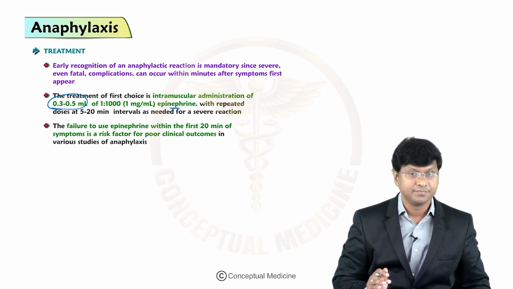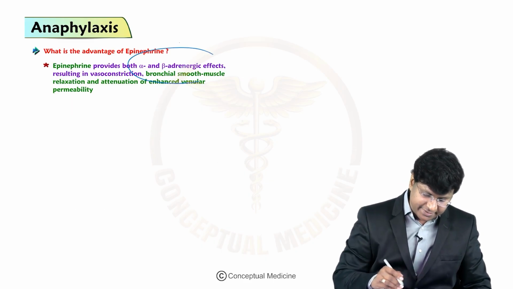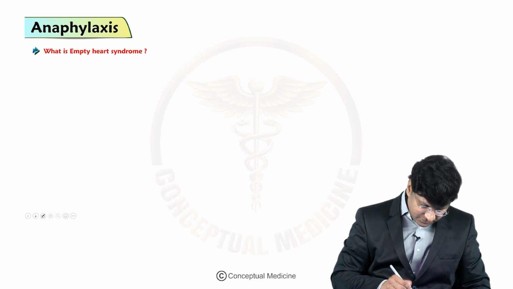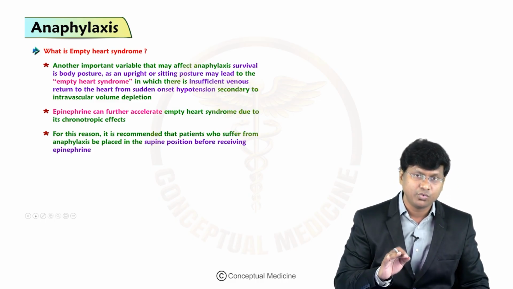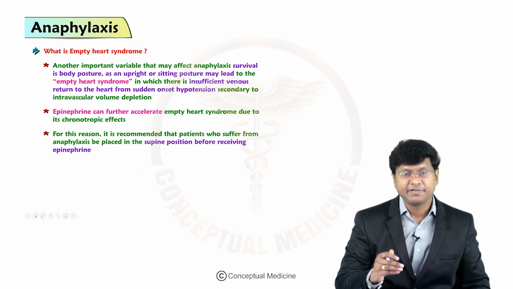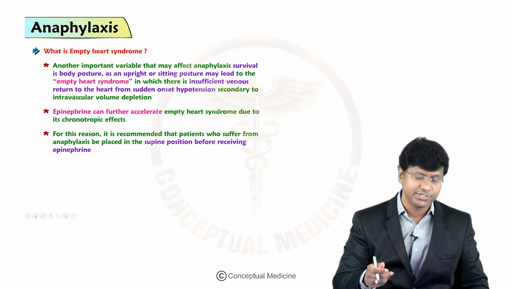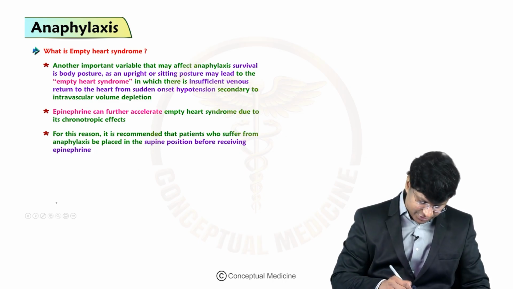The advantage of epinephrine is that it stimulates both alpha and beta receptors. Next, you need to know the empty heart syndrome. Epinephrine has to be given only in the supine posture, not in a sitting or upright posture, because in an upright posture epinephrine will precipitate the empty heart syndrome.